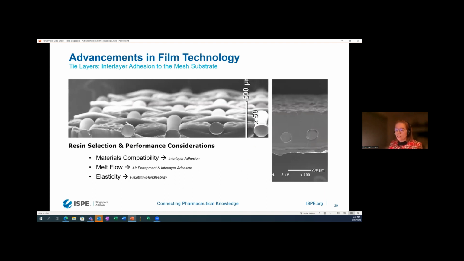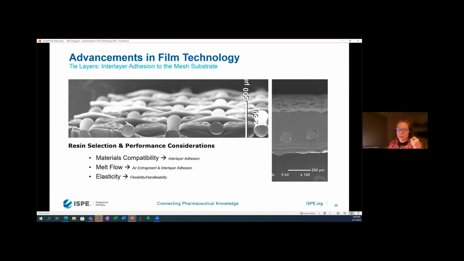To help visualize, here you can see the nylon mesh film composite. So here, right here, with the nylon embedded in the tie layer. So this is our mesh, and you can see the tie layer protruding through that mesh. And another image of a cross section with a completed mesh film composite. And so you can see the cross section here, and this is actually our tie layer, and this is our contact layer.